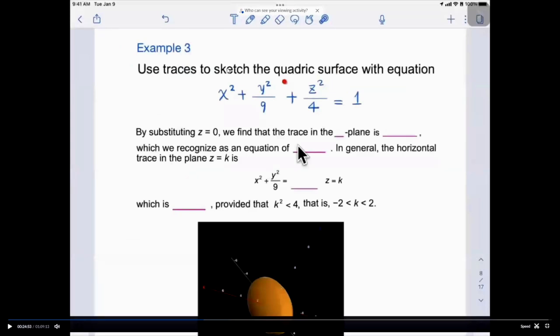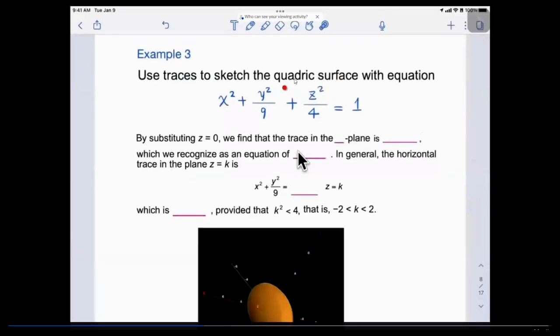So let's use traces to sketch this quadric surface. Remember, a trace is the intersection of a plane parallel to a coordinate plane with the surface. Look at this one here.